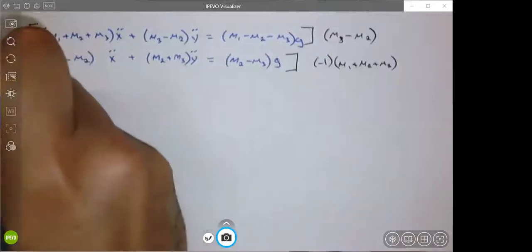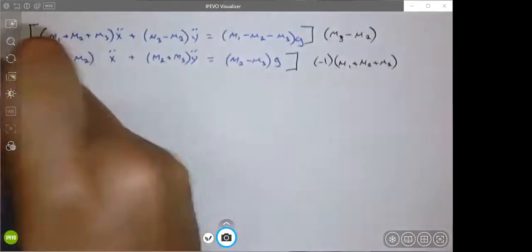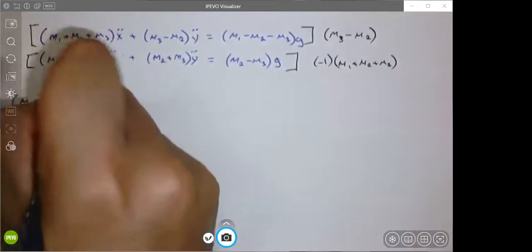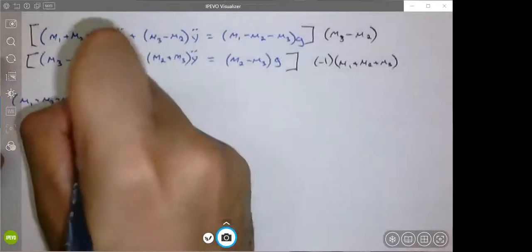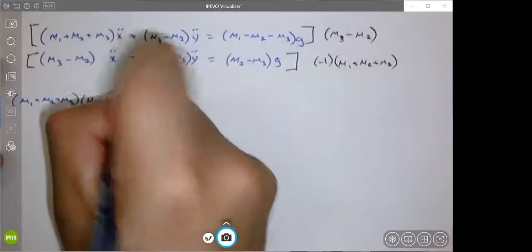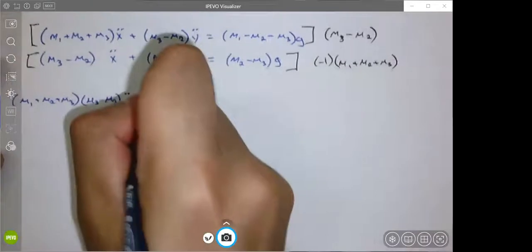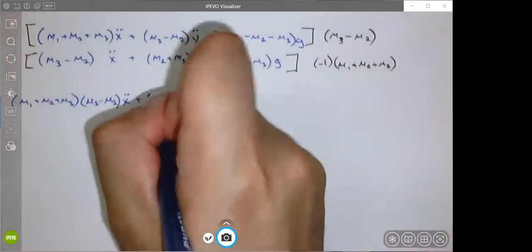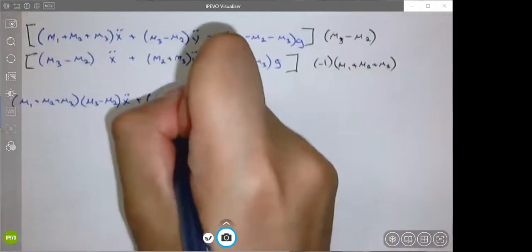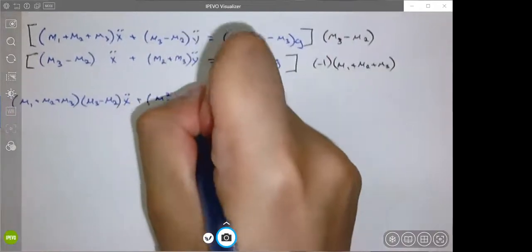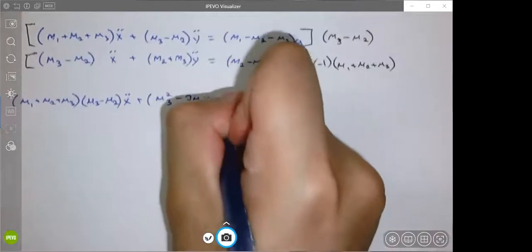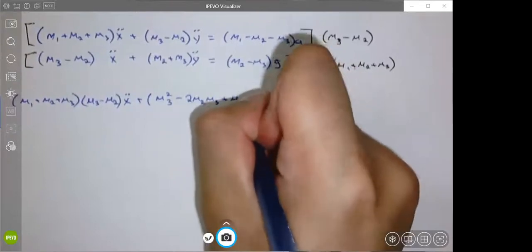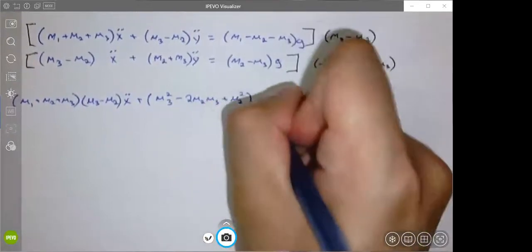It's going to be (m1 plus m2 plus m3) multiplied by (m3 minus m2) x double dot, plus, distribute this into here, we will get parentheses m3 squared minus 2 m2 m3 plus m2 squared, y double dot.